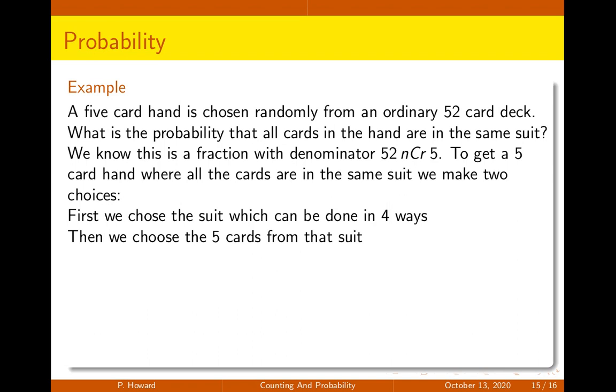And we know the number of ways of choosing 5 cards from 13 cards. It's the number of combinations of 13 things taken 5 at a time. So the number of ways of getting a 5-card hand in which all cards are in the same suit will be 4 times 13 nCr 5.